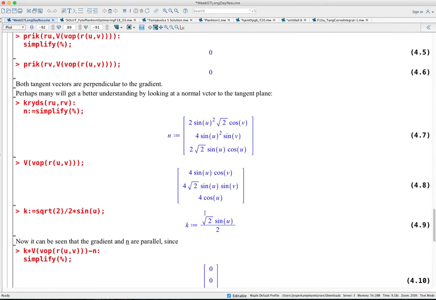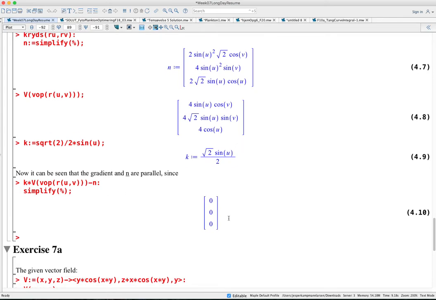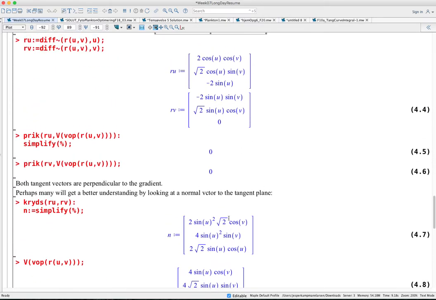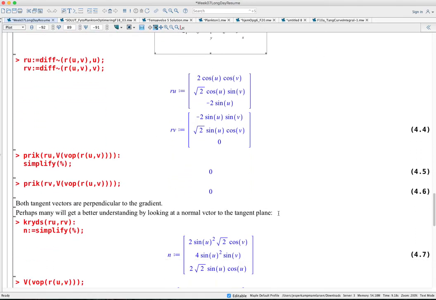And the factor of proportionality is square root of 2 sine u divided by 2. So if you multiply your vector field with this value here, you get n. And this is simply a check on this. So multiply this by k and subtract n, and you get the 0 vector. So the vector field is normal to this surface here.